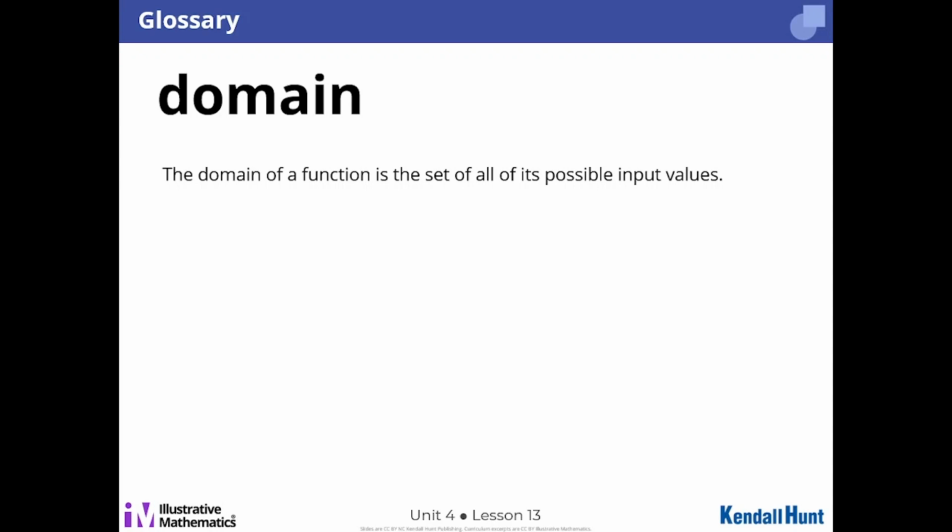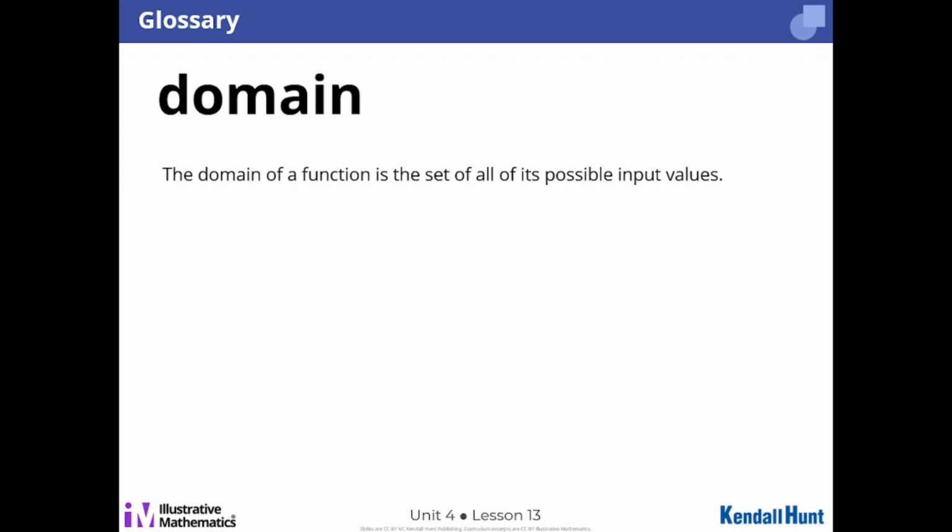Second glossary term is domain. The domain of a function is the set of all its possible input values. So you need to think logically in the situation given to you, what numbers are you allowed to use for inputs? Things such as whole numbers, partial numbers, positive numbers, negative numbers.